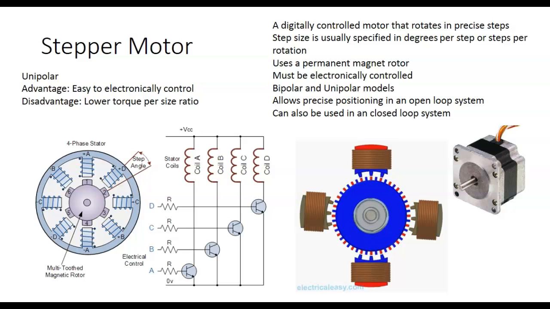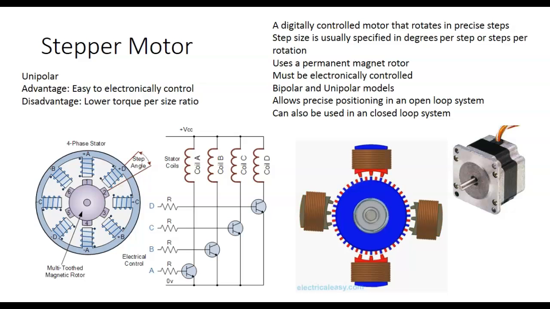Stepping motors: advantage, easy to electronically control; disadvantage, low torque. A digital control motor that operates in precise steps. A step size is usually specified in degrees per step or steps per revolution. Of course, if they gave you steps per revolution, you could calculate the steps per degree, right?